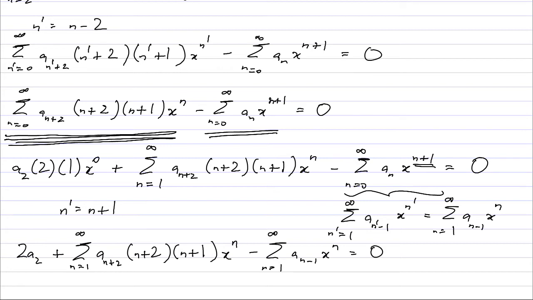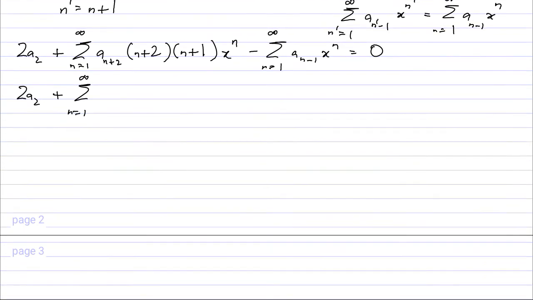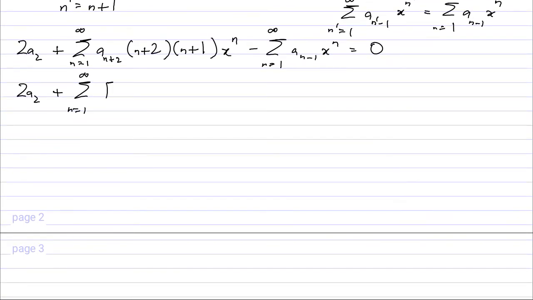Now finally I am able to group these last two series as a single series. So I get 2a2 plus the sum from n equal to 1 to infinity of a n plus 2, n plus 2, n plus 1 minus a n minus 1, times x raised to power n, equal to 0.